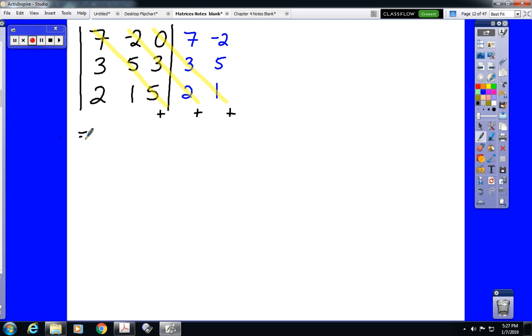That is 7 times 5 times 5 plus -2 times 3 times 2 plus 0 times 3 times 1. Then we grab our three negative diagonals.